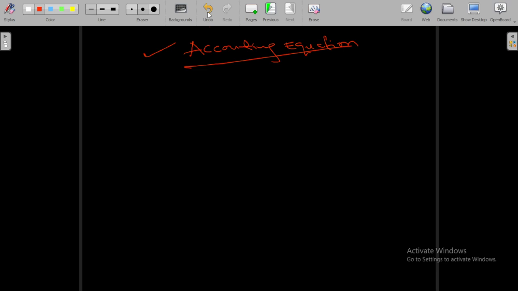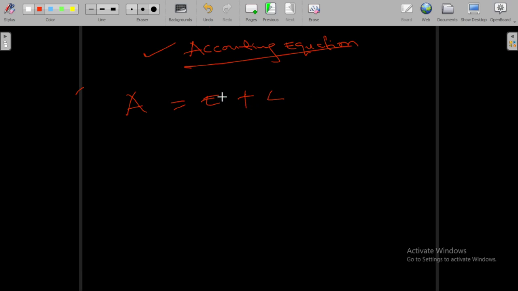So you as the owner of that business are separate from that business. So that money that you put into that business is a liability to that business. That is what the accounting equation is trying to explain. And the first accounting equation is that asset equals equity plus liability.